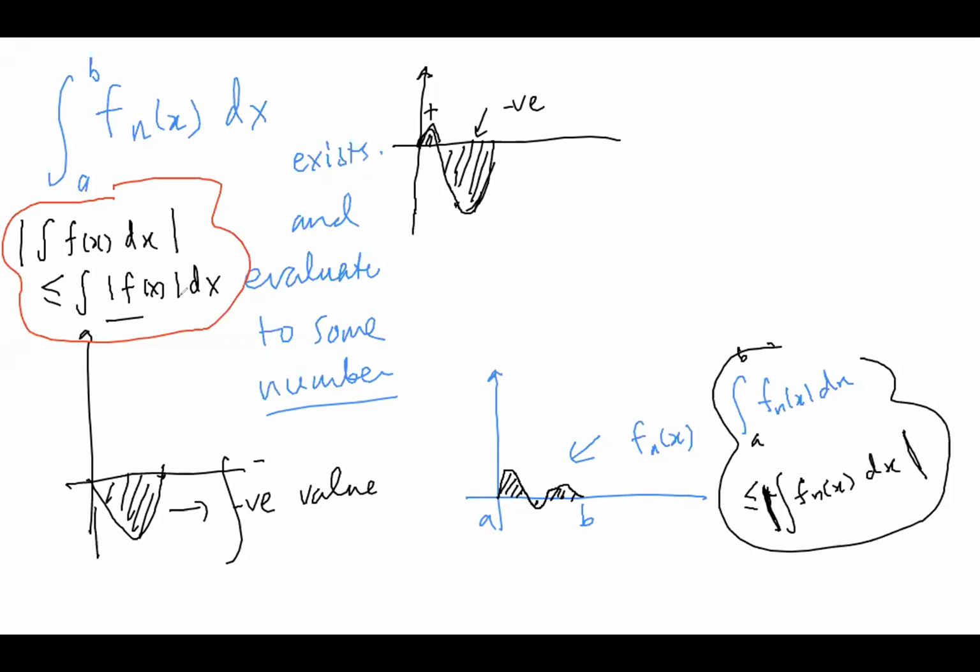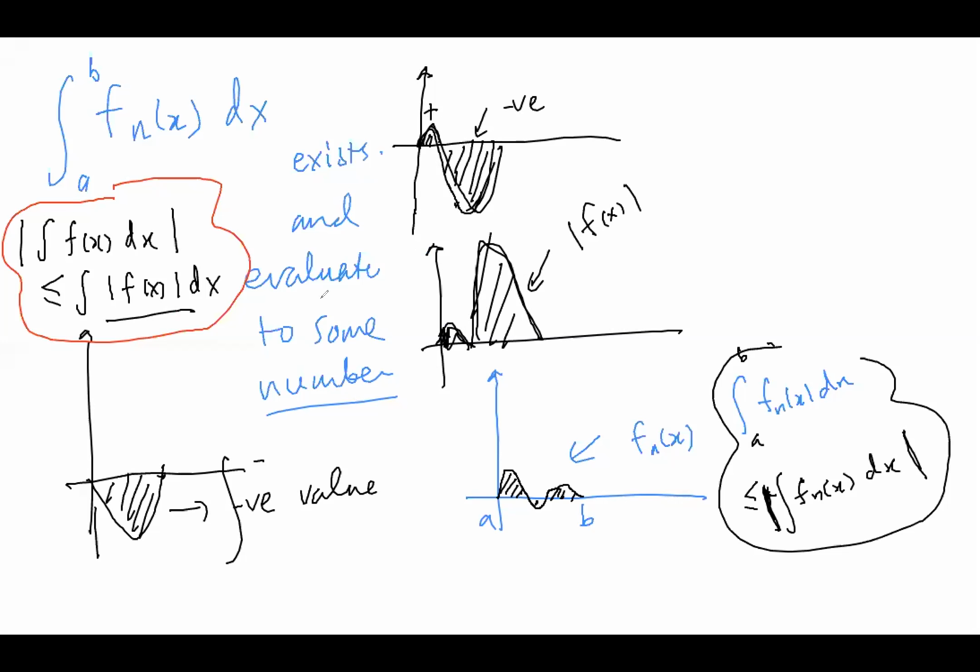If you take the absolute value of the function, the negative part flips up, because this curve is the absolute value of f(x). So the integral of this cannot go out of the integral of the absolute function.